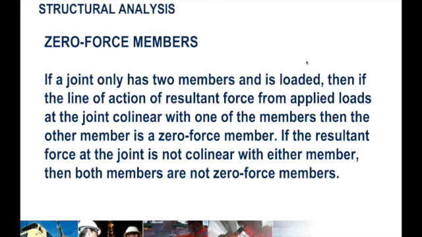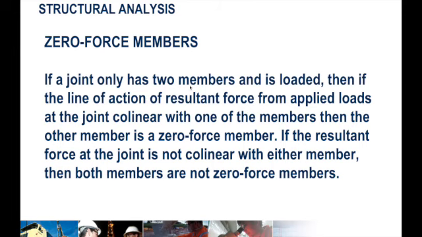So another rule, the third one, is almost coinciding with the second one. If a joint only has 2 members and it has a load, and the line of action of the resultant force from the applied loads at the joint is collinear with one of the members, then the other member is a zero force member.